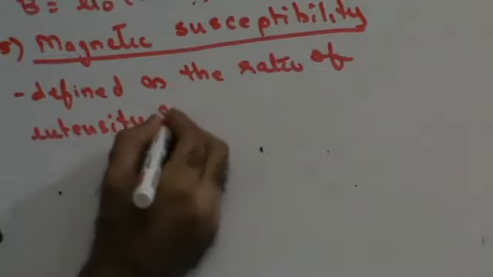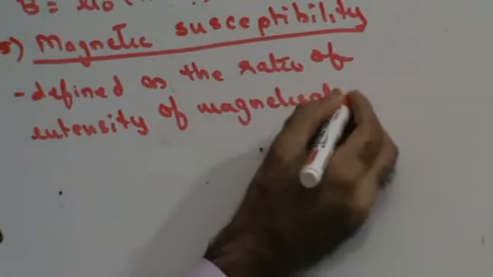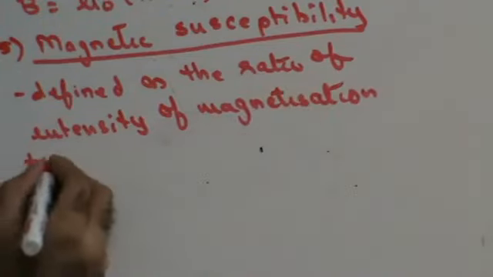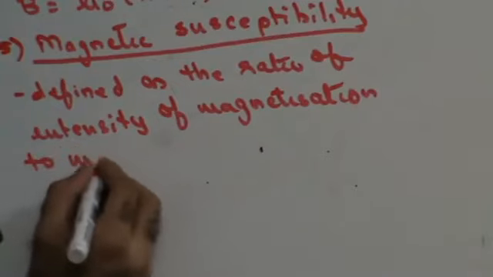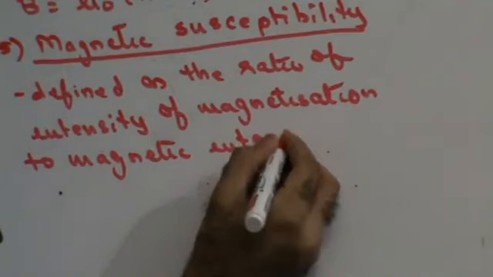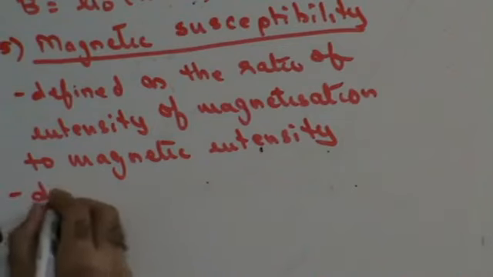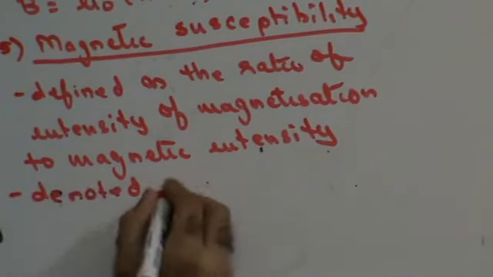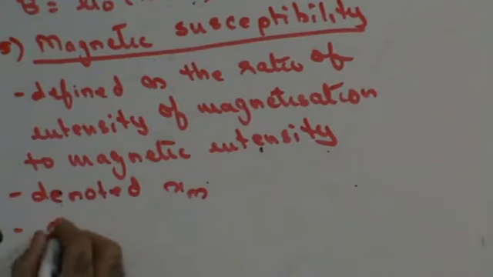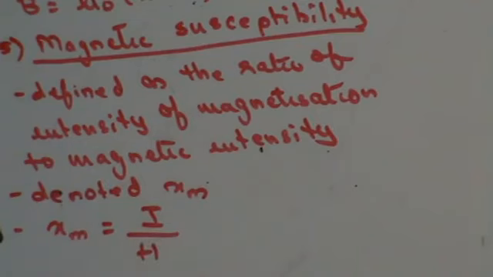It is denoted as xm. So I can say xm is nothing but intensity of magnetization to magnetic intensity.